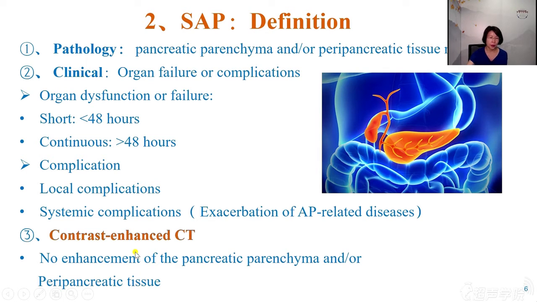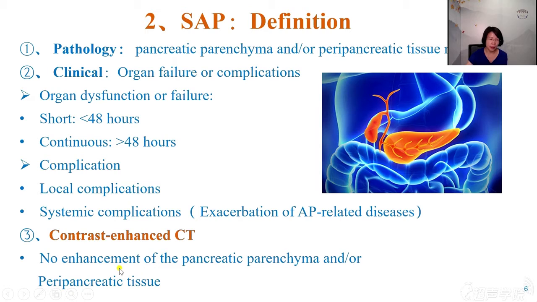As you know, contrast-enhanced CT is very useful in diagnosing AP. It even becomes the gold standard diagnosis criteria. According to the CT diagnosis criteria, there are two key points. One is there is no enhancement of pancreatic parenchyma.